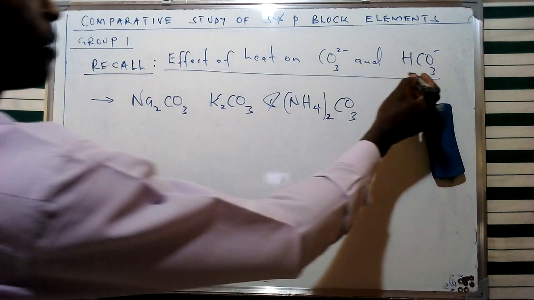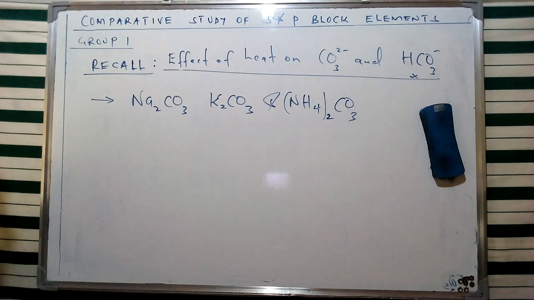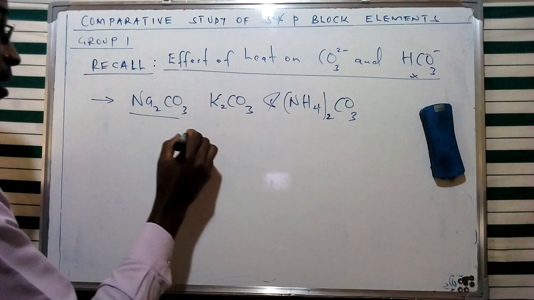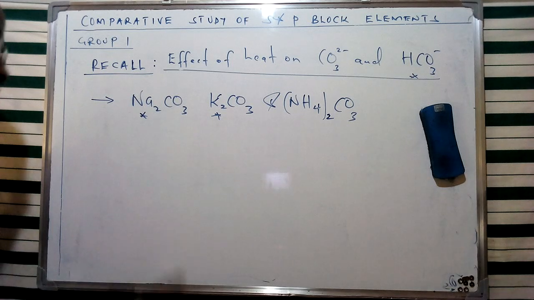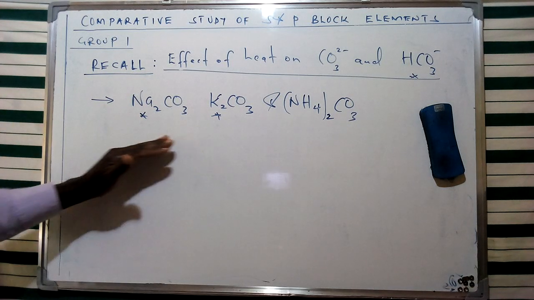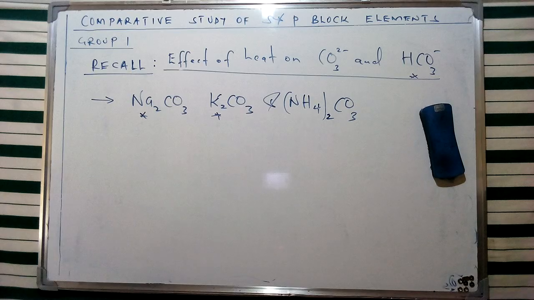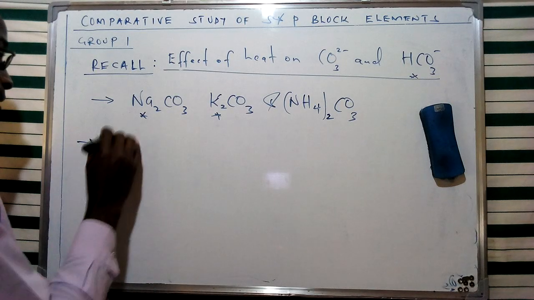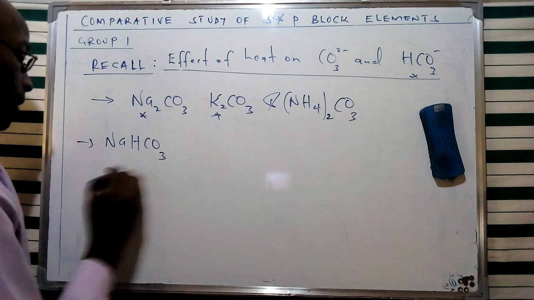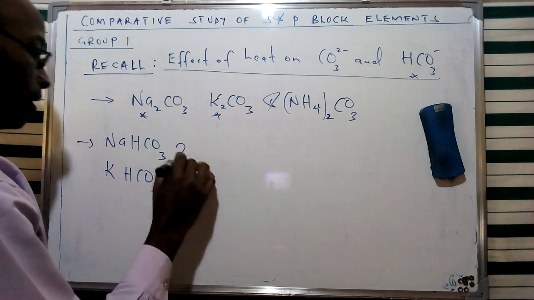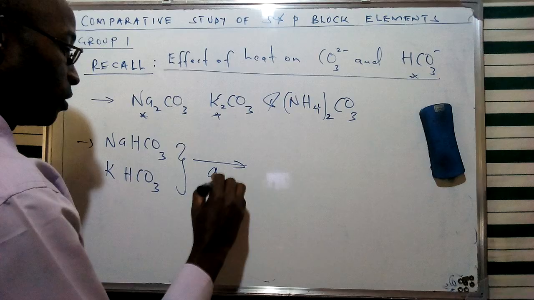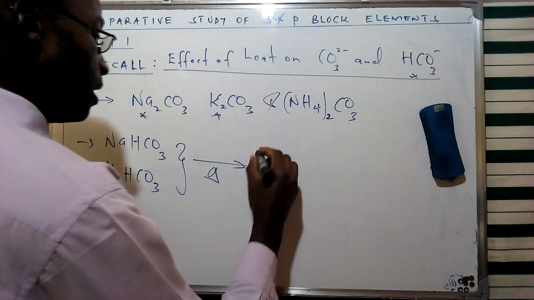But if you look at the concept of a hydrogen carbonate, we're going to see that the hydrogen carbonates, especially of sodium and potassium, are going to be easily decomposed on heating in order to produce some of the products which we are going to see later. So in this case, we are going to have sodium hydrogen carbonate and potassium hydrogen carbonate being decomposed, and they are going to produce the metal carbonate.